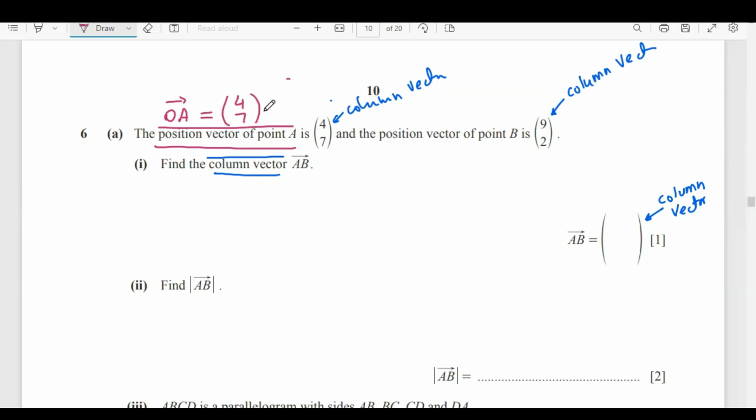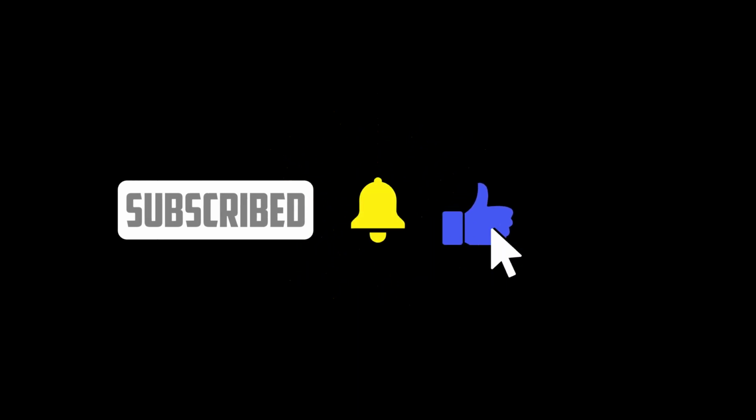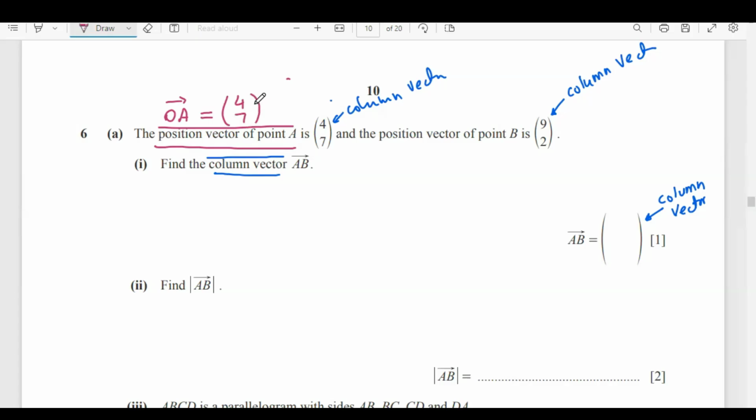This is also a position vector and also a column vector. The position vector of point B is (9, 2), which means OB equals (9, 2). This is also a position vector or column vector form. So there are 3 key terms here, and with their help there are 4 important points.